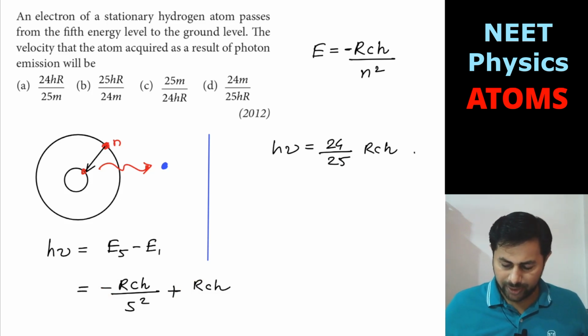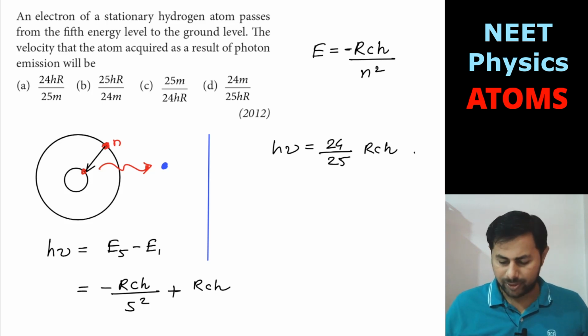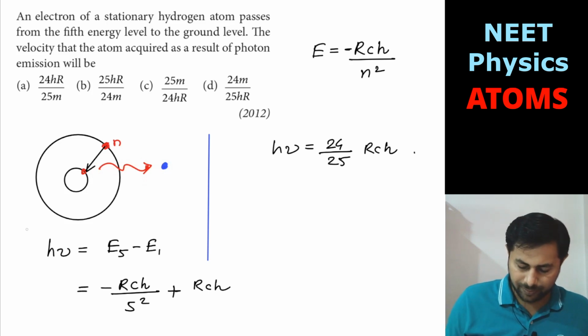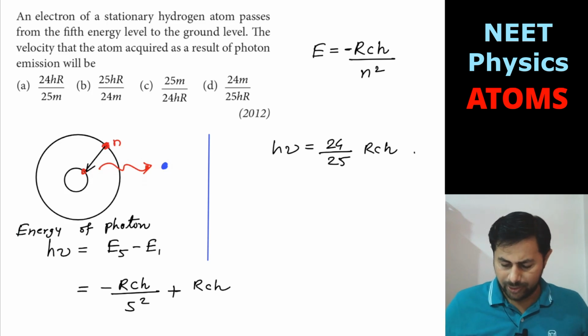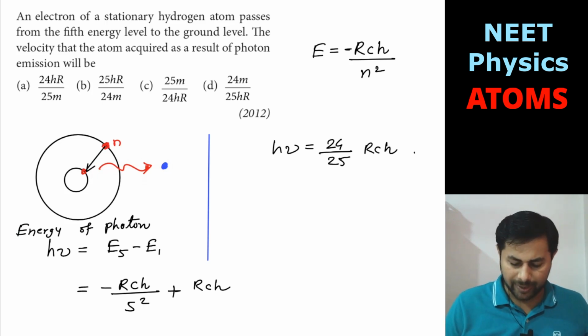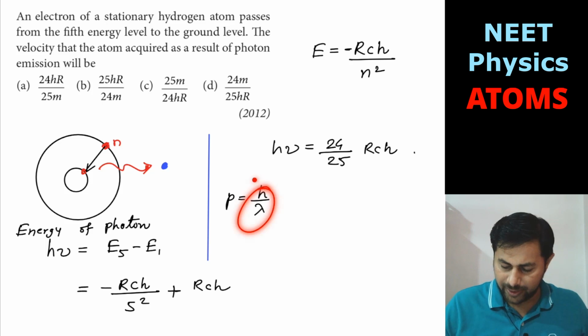But then you want the momentum, so find the momentum of this photon. This is the energy of the photon. What would be the momentum of this photon? You know momentum is given by de Broglie's relation, P is equal to h by lambda. Can we adjust h by lambda here?